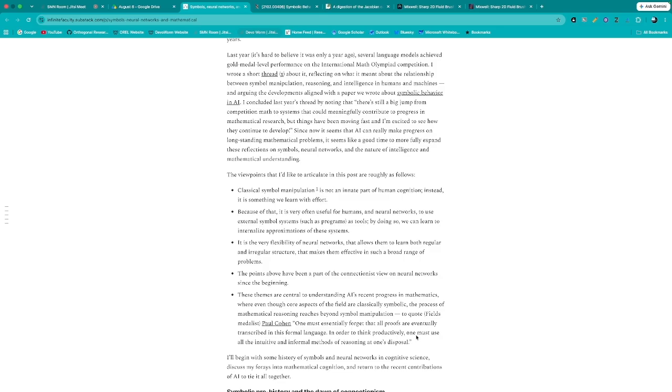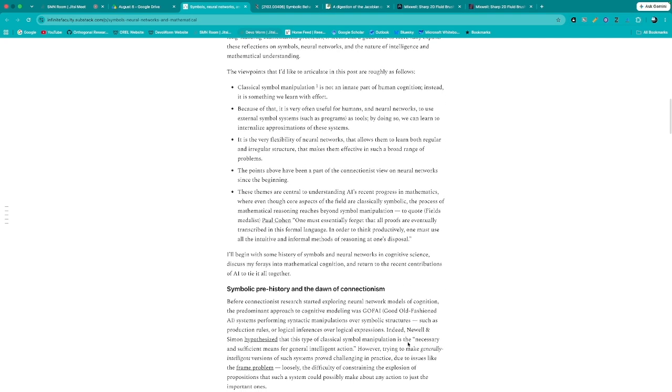In order to think productively, one must use all the intuitive and informal methods for reasoning at one's disposal." So not just thinking in that stilted symbolic system and its consistency, but thinking in any way you can. And this is where the effectiveness of large language models comes into play.